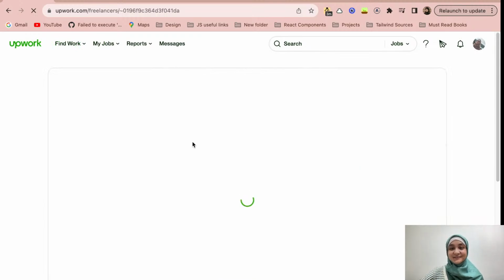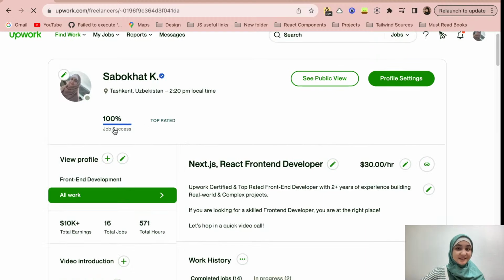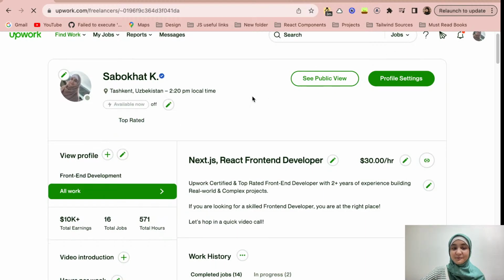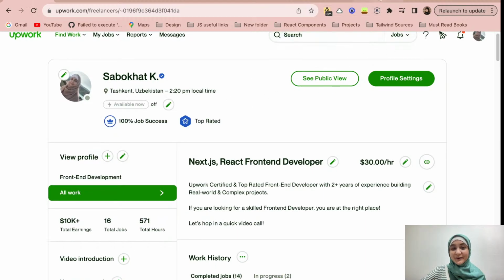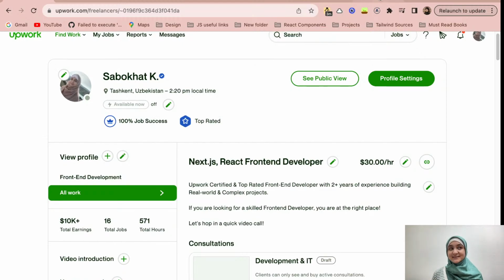And one restriction to this, as you can see, my job success is a 100% perfect score, but you can only use this privilege of deleting or removing ratings once in every 10 jobs.